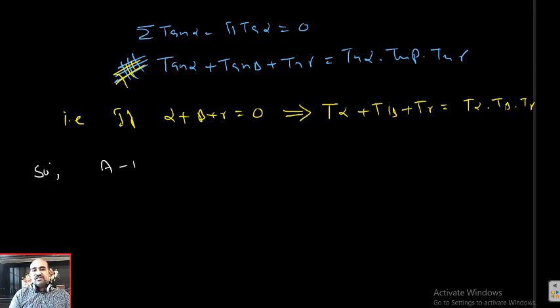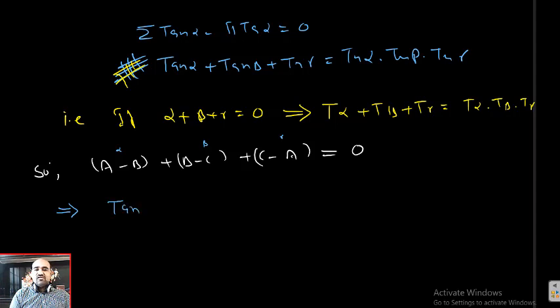So now observe, students: (a minus b) plus (b minus c) plus (c minus a), addition is 0 only, no? Observe, the addition is 0 only. A gets cancelled, B gets cancelled, C gets cancelled. Understood? What is the meaning of this? Say this is alpha, say this is beta, say this is gamma. Alpha plus beta plus gamma equal to 0. Then what can I conclude?